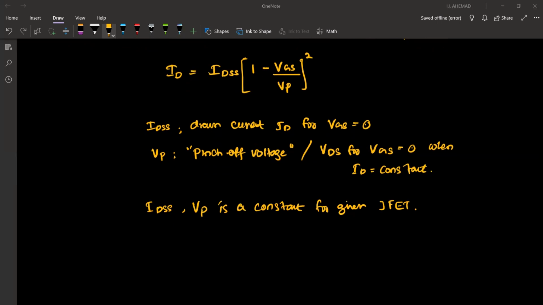In BJT, we had a linear relationship between IB and IC, but here we don't have such a linear relationship.